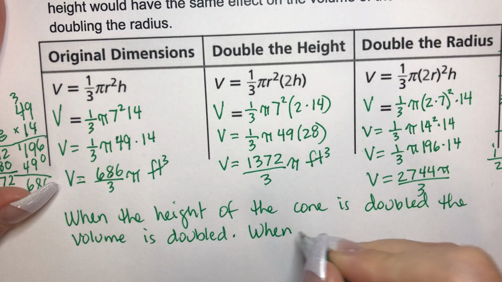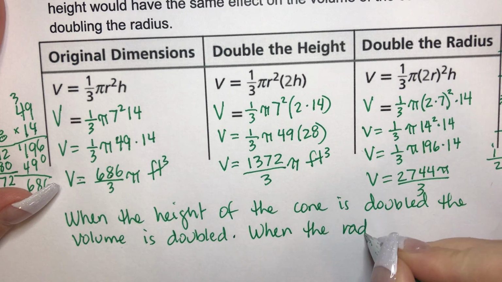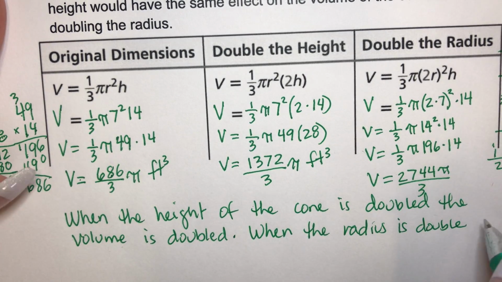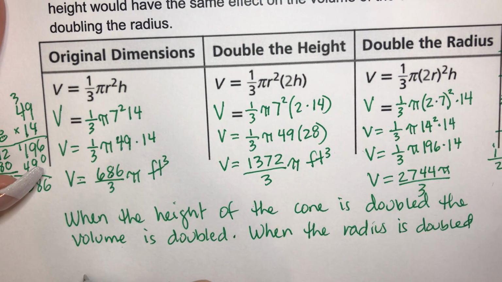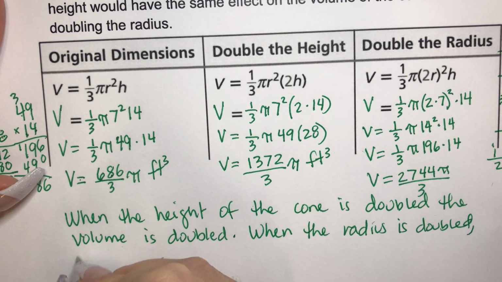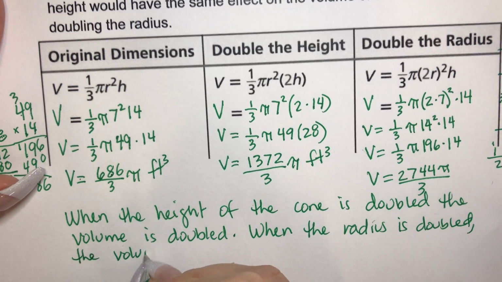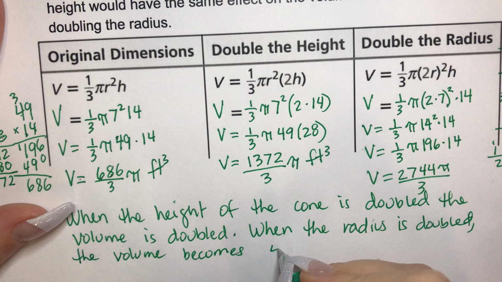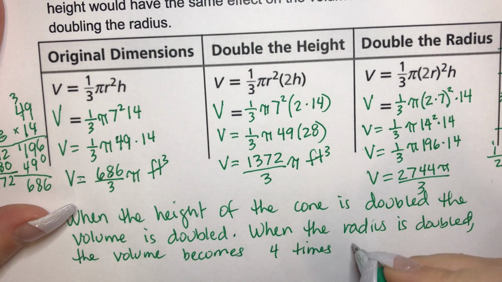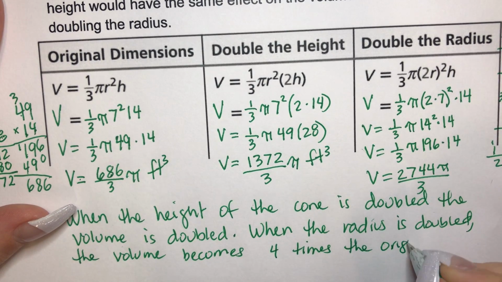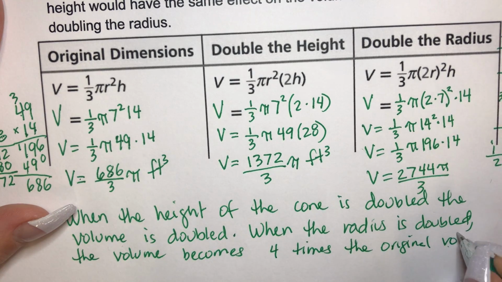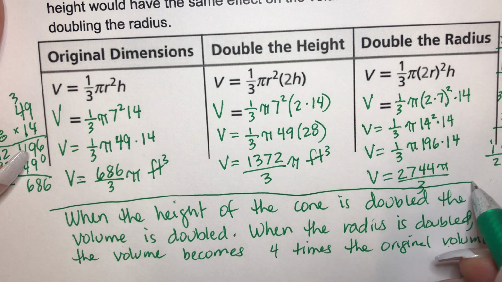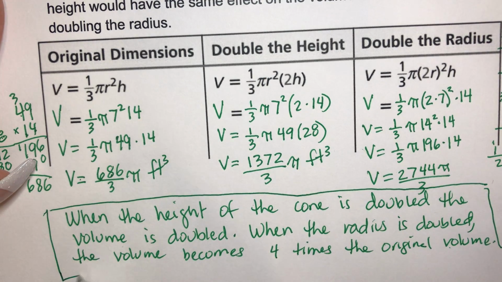When the radius is doubled, the volume becomes 4 times the original volume. All right, and there we go. That is our answer.